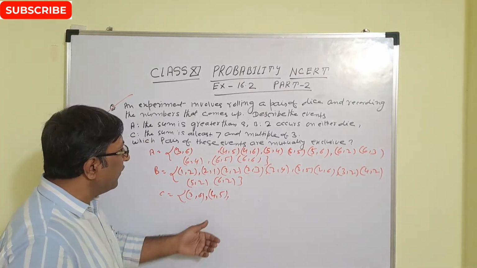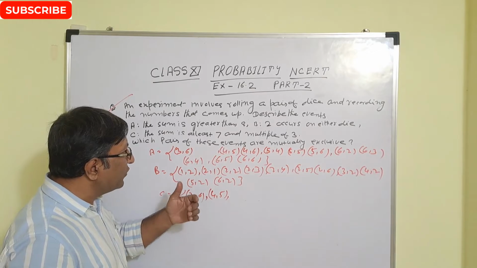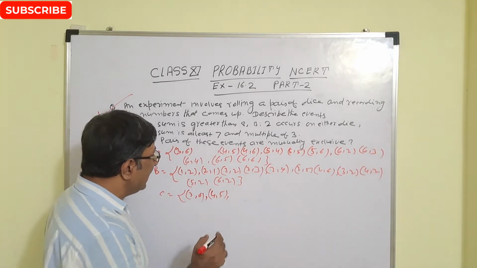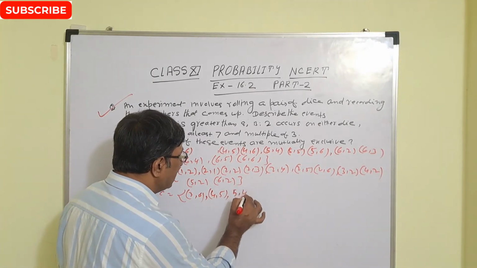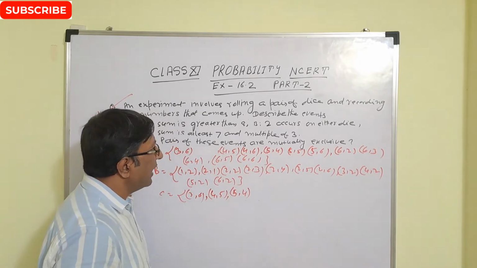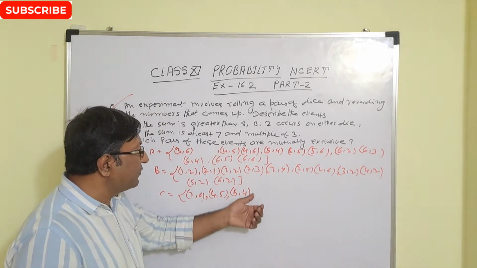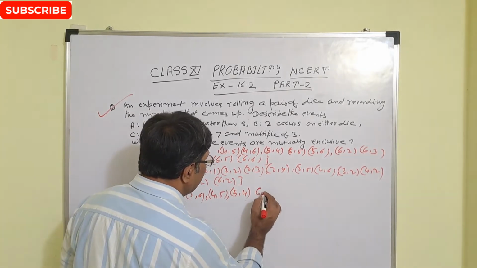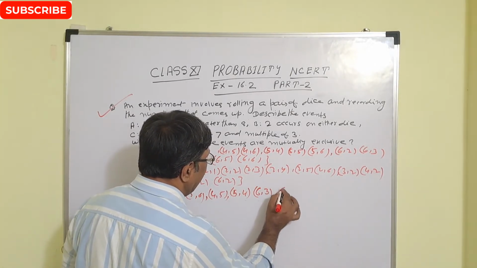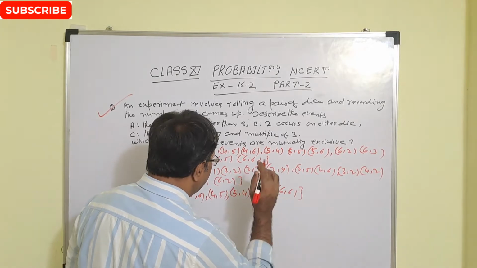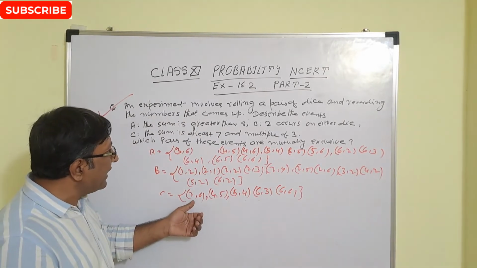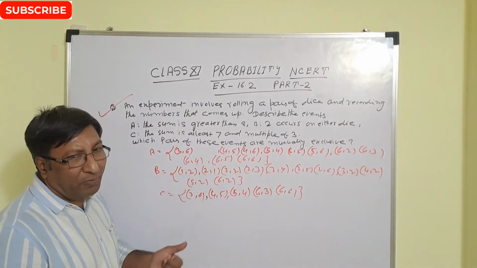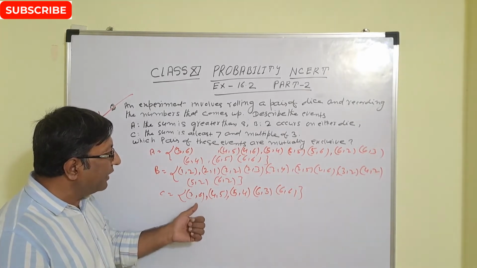Again start from 5: 5, 2 is 7, 5, 3 is 8, 5, 4 is 9, 5, 5 is 10, 5, 6 is 11. So this is 5, 4. Again go for 6: 6, 3 is 9 and 6, 6 is 12. So these are the sums which are at least 7 and multiples of 3.